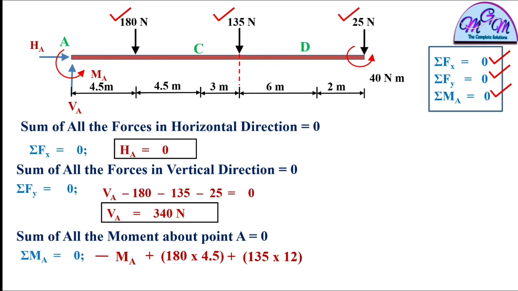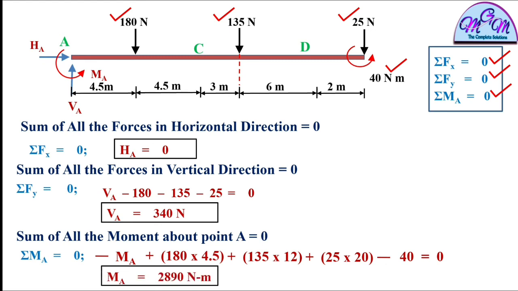The moment of the 25 Newton force is also in clockwise direction, and the perpendicular distance for this force will be 4.5 plus 4.5 plus 3 meter plus 6 meter plus 2 meter. So this is 20 meter. So here it is 25 into 20. And this moment is in anti-clockwise direction, so it will be minus 40 Newton meter equals 0.